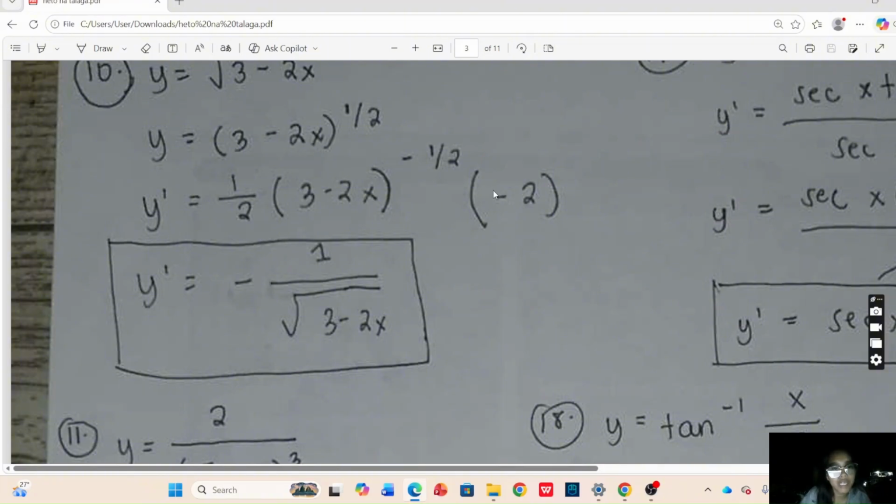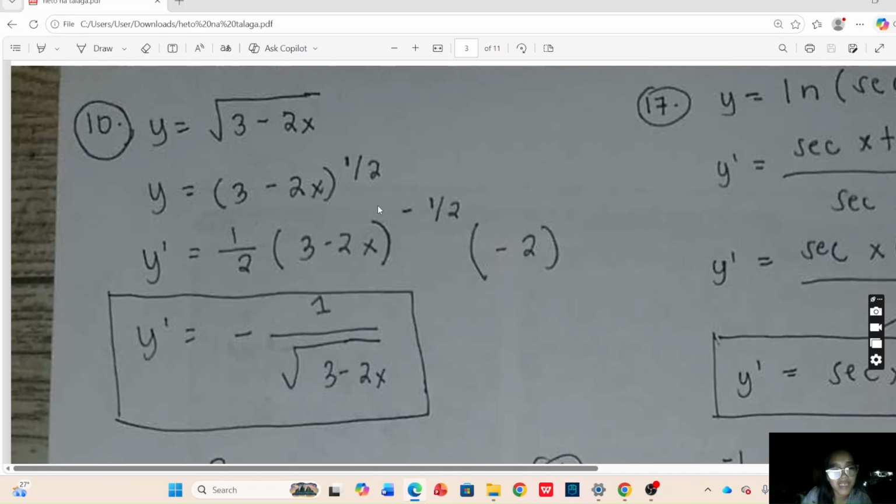In this kind of problem, let's apply the chain rule. We differentiate 1/2 times the inside quantity raised to negative 1/2, then multiply by the derivative of the inside quantity, which is negative 2. Simplifying gives the final derivative as negative 1 over the square root of 3 minus 2x.